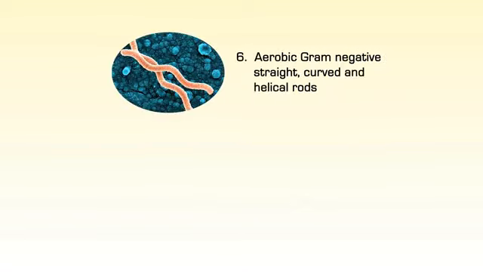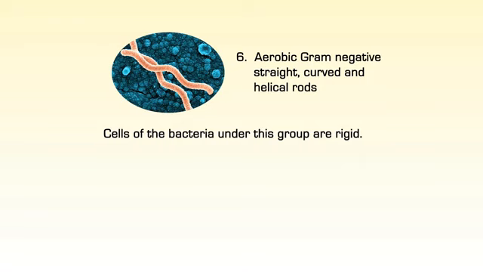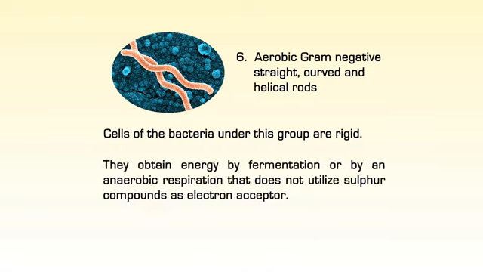Next is the anaerobic gram-negative straight, curved and helical rods. So the cells of the bacteria under this group are rigid. They obtain their energy by fermentation or by anaerobic respiration, that is in the absence of oxygen, they don't utilize sulfur compounds as the electron acceptor. They are mostly parasitic in nature.